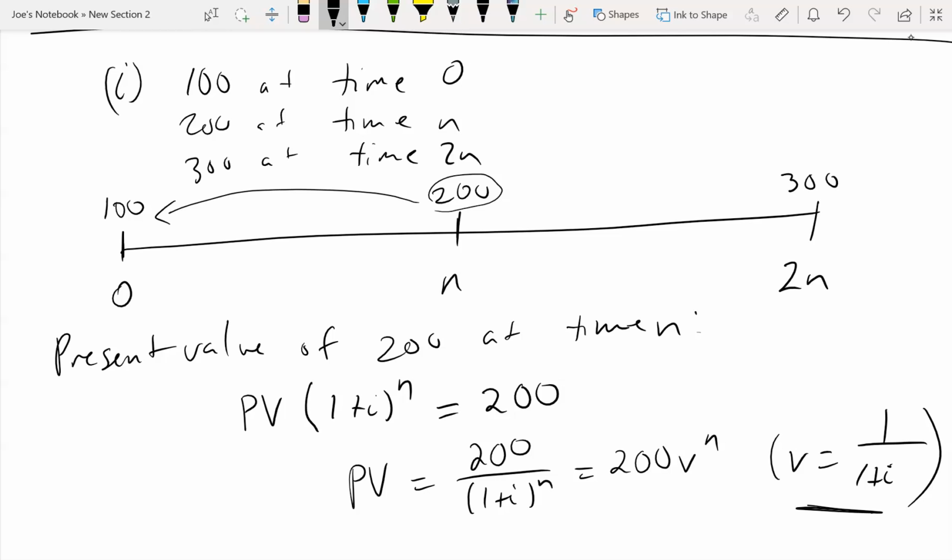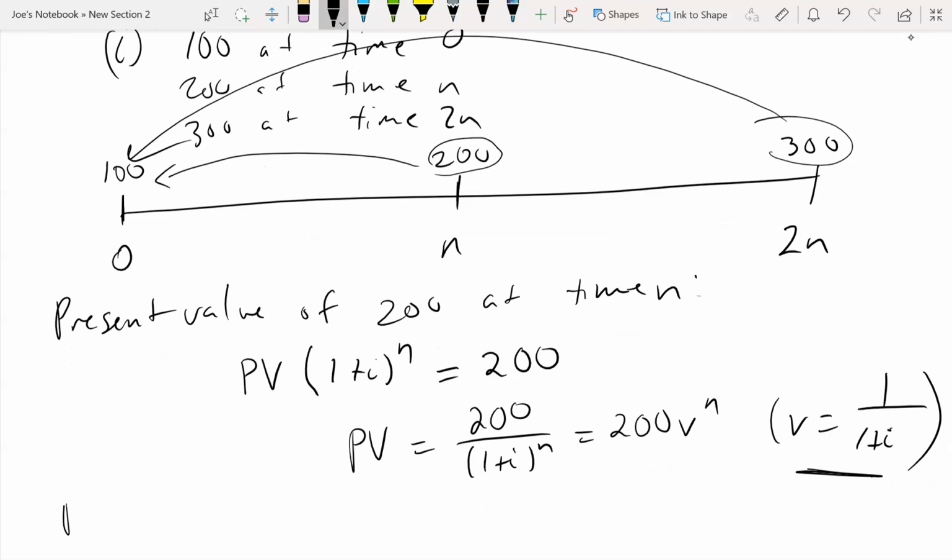So what about the present value for 300? Well, I've got to take this 300 and move it all the way back to time 0. But using the same idea, the present value for the 300 is what? Using the same idea we just did for 200. Good.